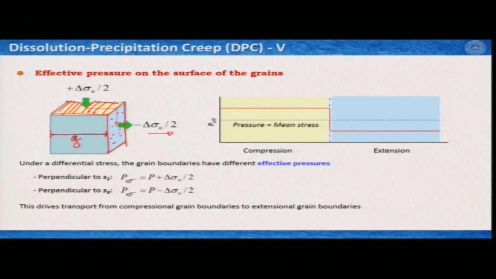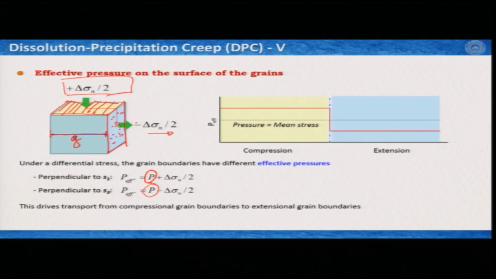Now, under differential stress, at least in this condition, the grain boundaries have different effective pressure. So, if I have my initial pressure P, which is a confinement of this grain, you can imagine, then on this surface you have initial pressure plus this one, and on this tensile surface, you have initial pressure P minus this one.